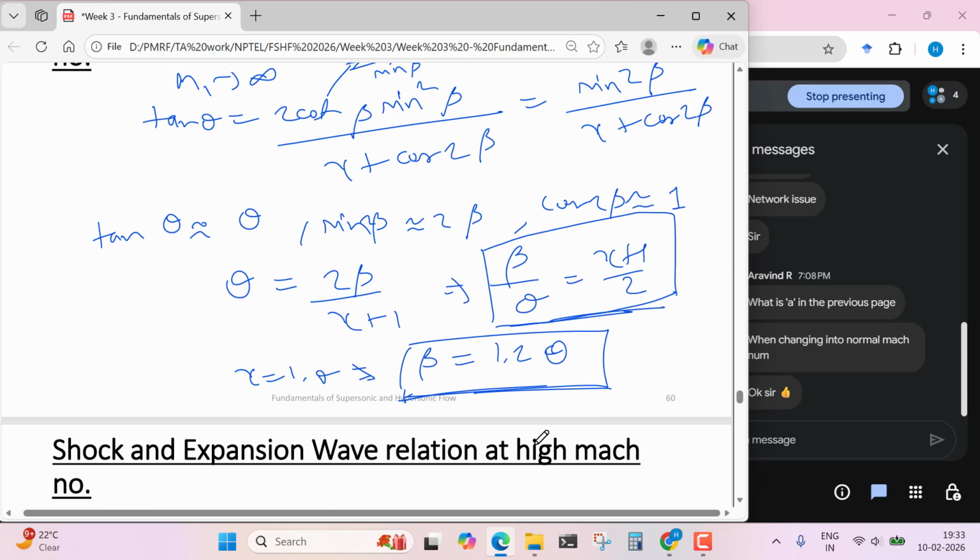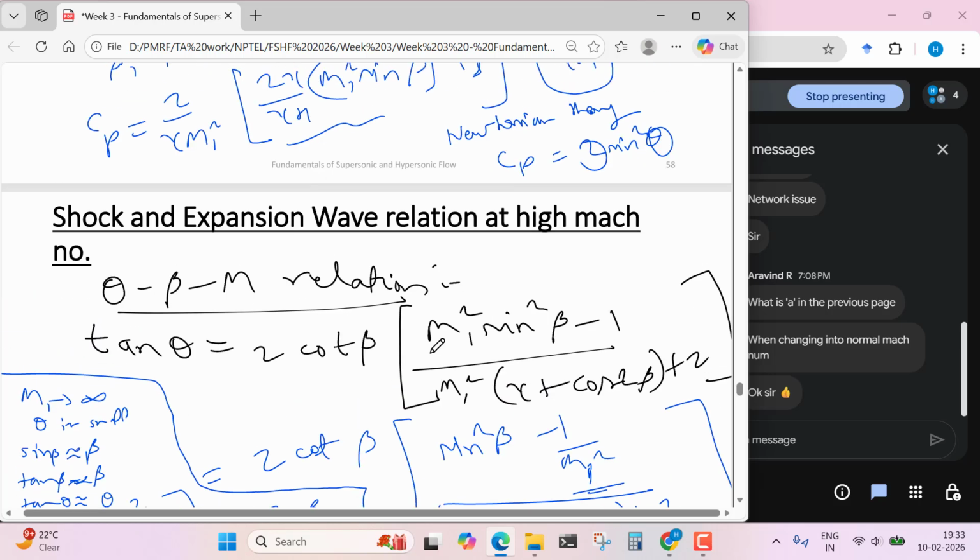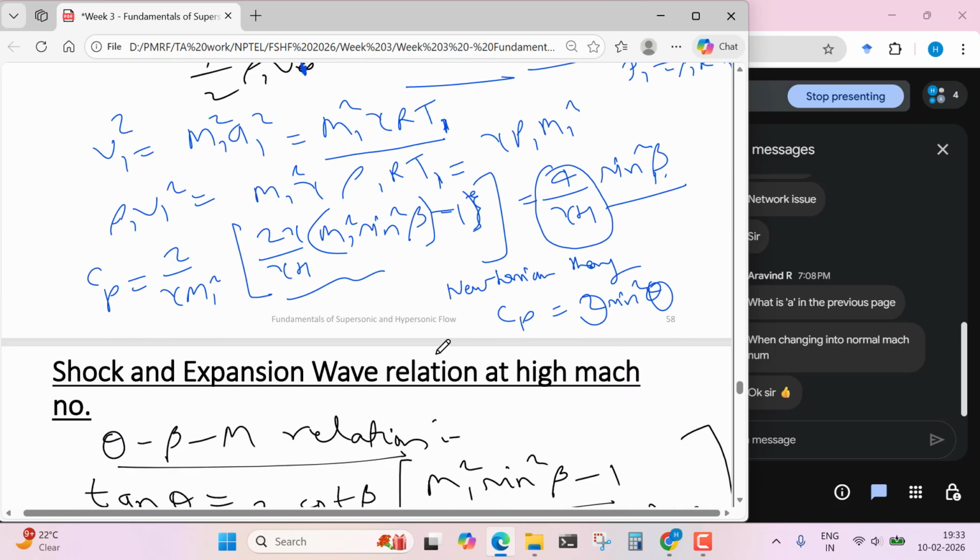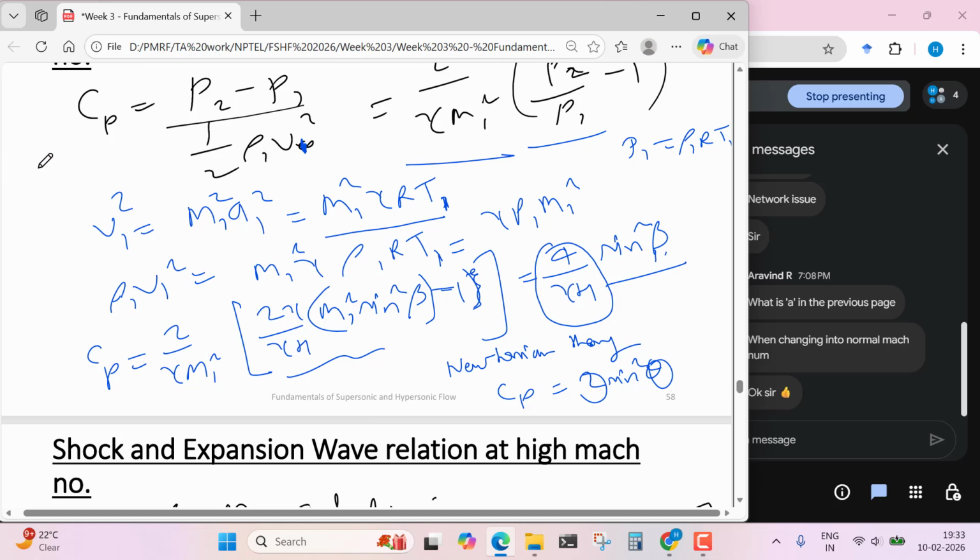One more thing for this relation: if gamma equal to 1, then beta equal to theta. And the Cp value which we have found here, if we put gamma equal to 1, then we will get Cp value equal to 2 sine square beta, and beta equal to theta.